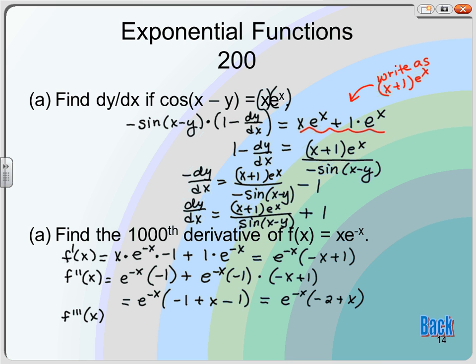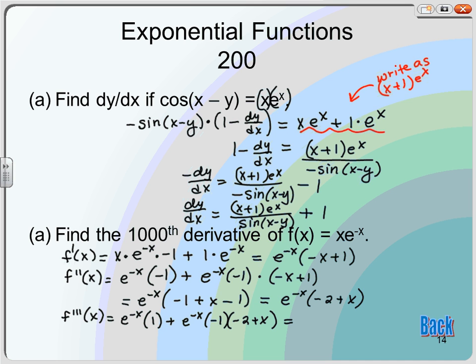Triple prime. I'm kind of seeing the pattern. Let's see if it works out. So first times derivative of second, so negative 2 plus x. Its derivative would just be 1, plus derivative of the first, so e to the negative x times negative 1 times the second one.